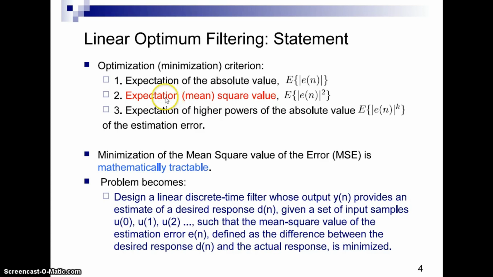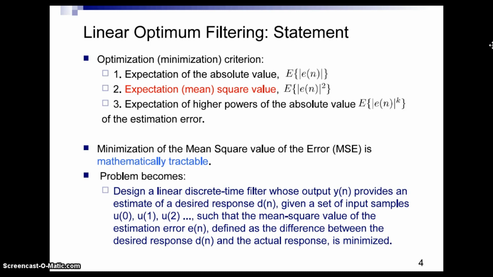That is why this possibility is preferred over the others. In particular, the choice of the minimum mean square criterion results in a second order dependence of the cost function on the unknown coefficients in the impulse response of the filter. The minimization of the mean square value of the error is mathematically tractable for optimum filtering.